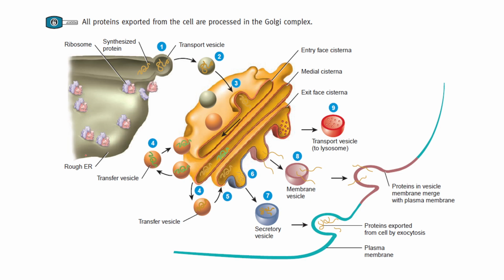From the entry phase cistern it will move towards the medial cistern, where different kinds of enzymes are present, where they get processed, and from there they will move towards the exit phase cistern. Exit phase cisterns are called trans cisterns.